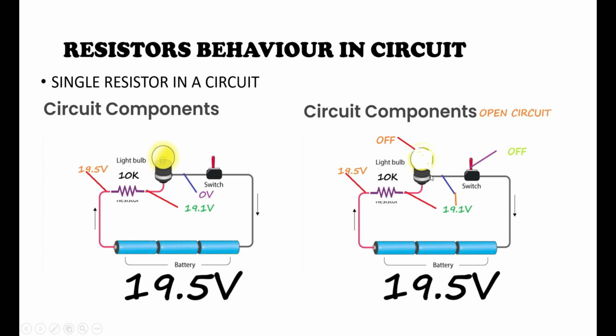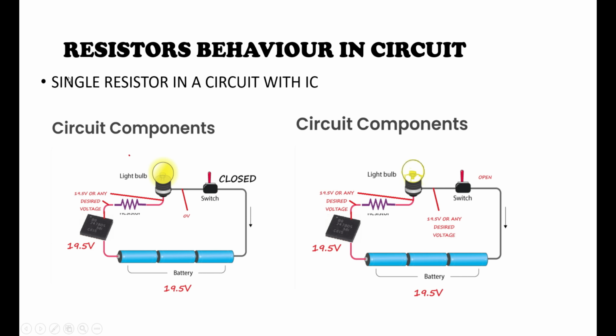In case it is an open circuit, you won't get any voltage here. But in case of a component, one more resistor, then you will get 19.1 volts. Here the switch will be open because the negative path is not connected to the positive path. So here you come to know the resistor characteristics in closed circuit and open circuit with a single resistor.